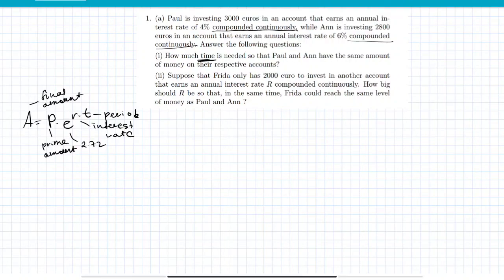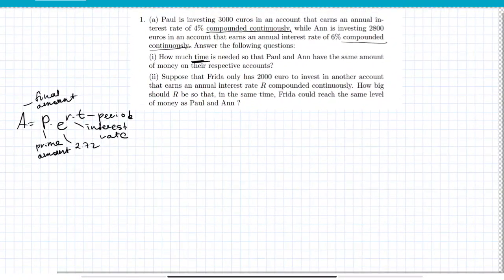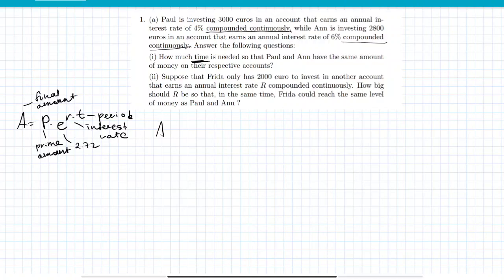So here we're going to have two compounding formulas, one for Paul and the other for Anne. We just need to write down both with the values that we are given. Paul is investing 3,000.